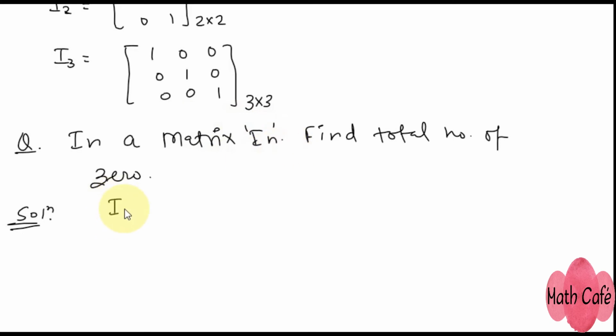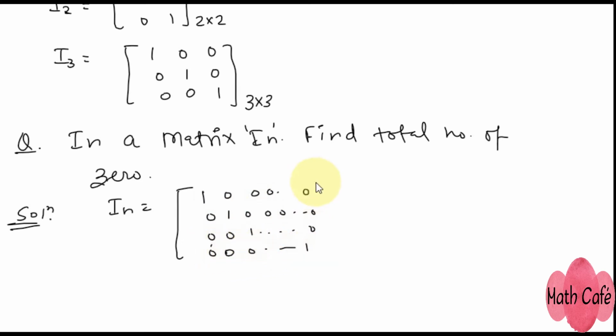So In will be represented by 1 0 0 0, 0 1 0 0, 0 0 1 0, and 1 in the last. This is an identity matrix in which all the diagonal elements are the same and equal to 1. In this matrix we need to obtain the total number of zeros.